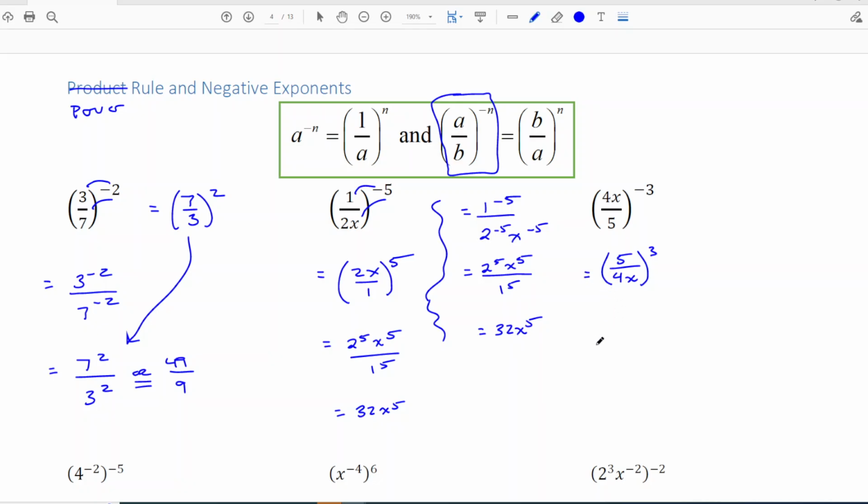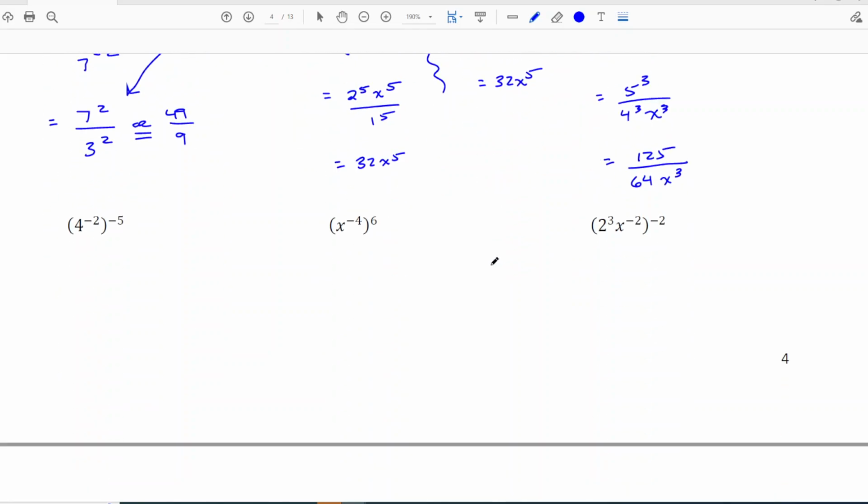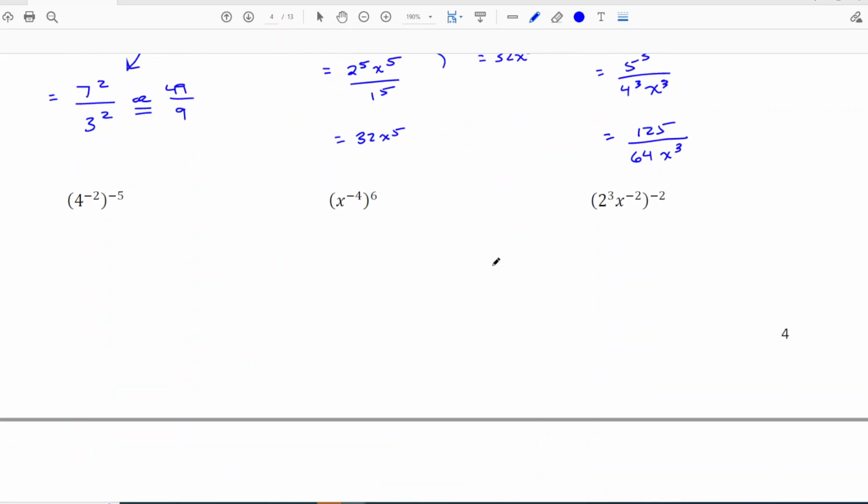Okay, so that's going to leave me with 5 cubed over 4 cubed and x cubed, which I'm going to simplify to 125 over 64x cubed. And again, if you had done it all the way through, everything would have moved, but you'd get the exact same answer.